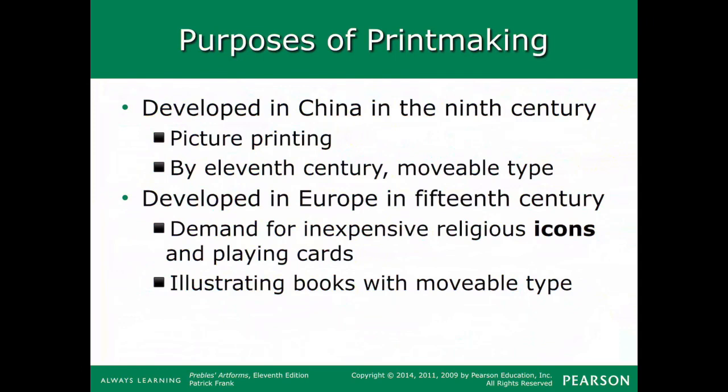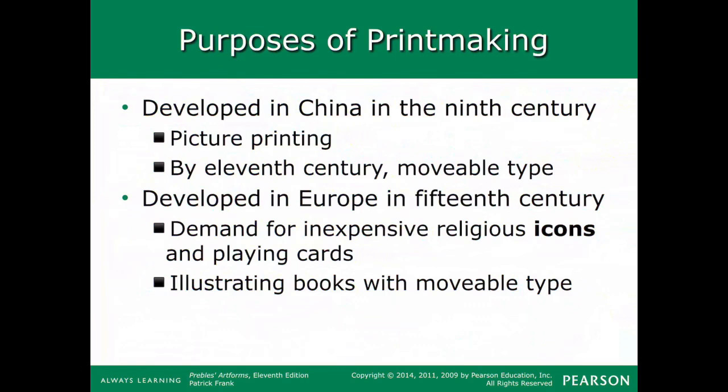Per some of the purposes behind printmaking, it was developed in China in the 9th century, and it started with picture printing. By the 11th century, there was movable type. In other words, they started to add words. It developed in Europe in the 15th century due to the demand of inexpensive religious icons and playing cards.